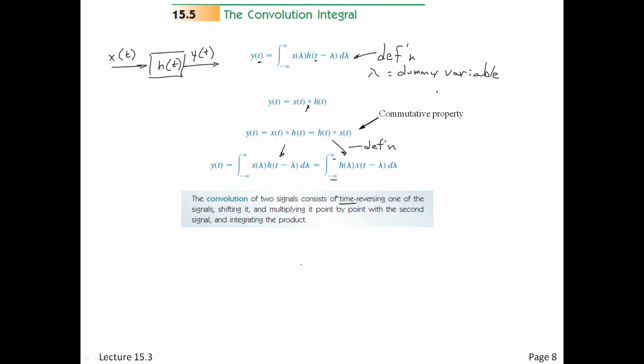Consists of time reversing one of the signals, then shifting it, multiplying it, and doing that point by point with the second signal, and integrating the product. Okay? Four things going on there: time reversing, shifting, multiplying, and integrating.